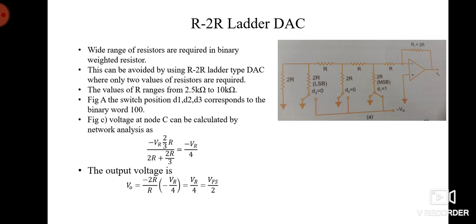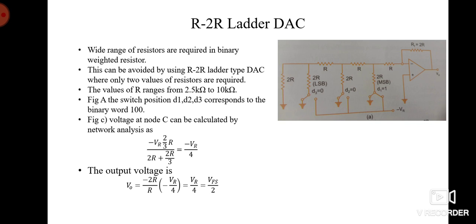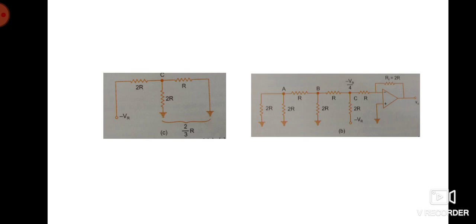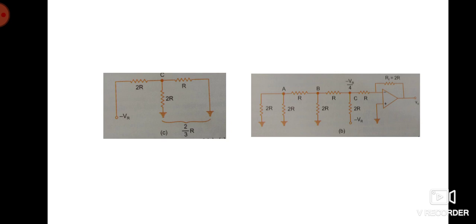The output voltage is given by V0 = minus 2R by R into minus VR by 4, equal to VFS divided by 2. While finding the voltage at node A, we apply the input voltage minus VR across the component connected, that is the series combination of 2R and the parallel of 2R and R.